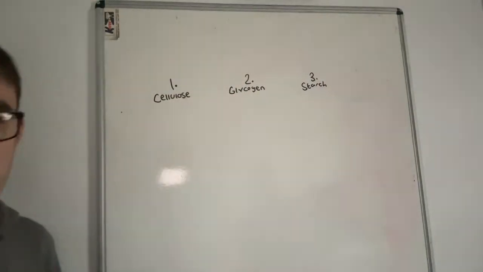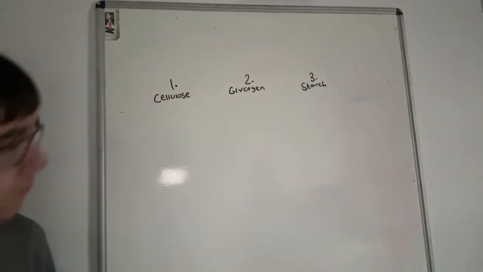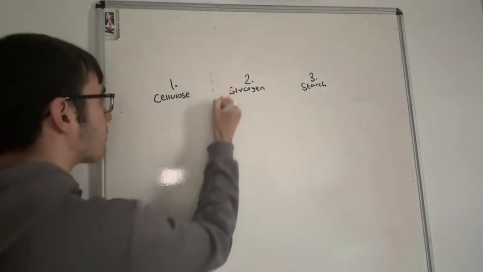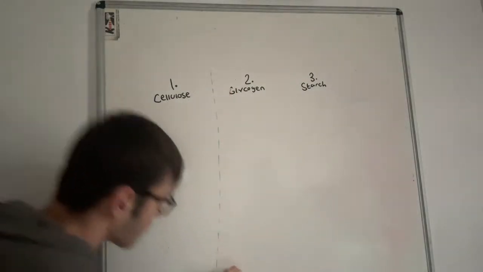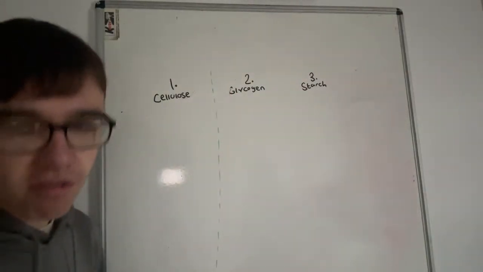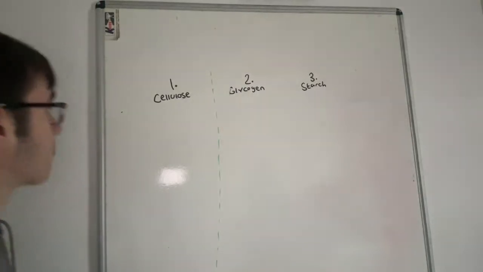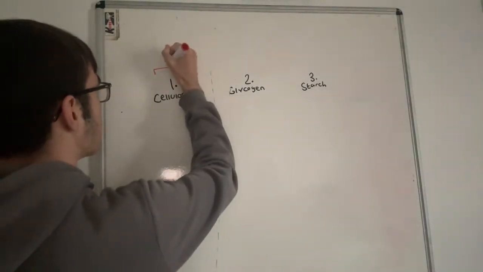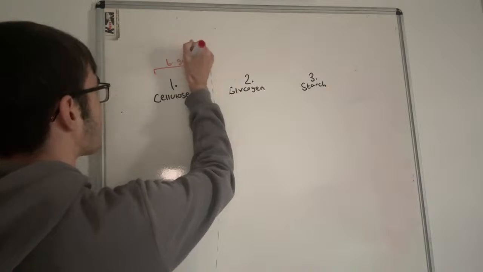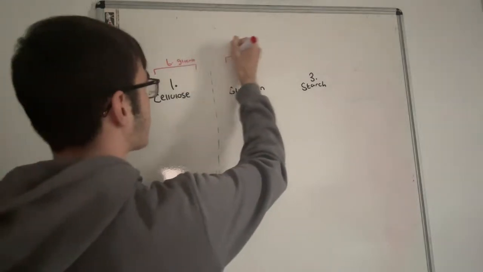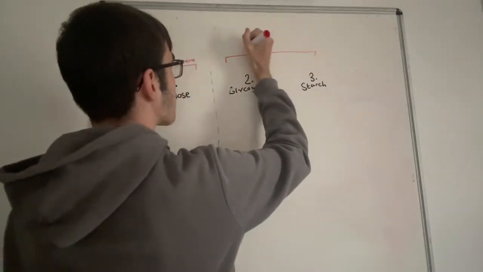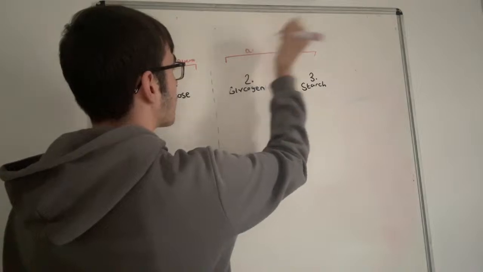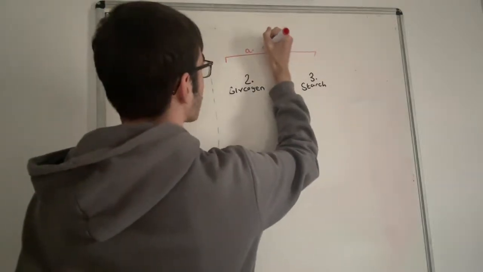Now we can draw an invisible line here. Because it turns out, key piece of information here, cellulose is beta glucose, and glycogen and starch are alpha glucose.